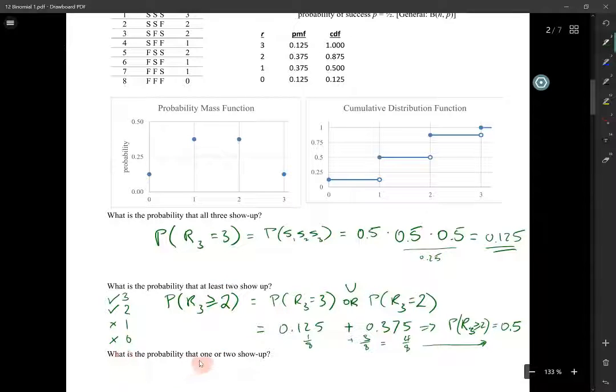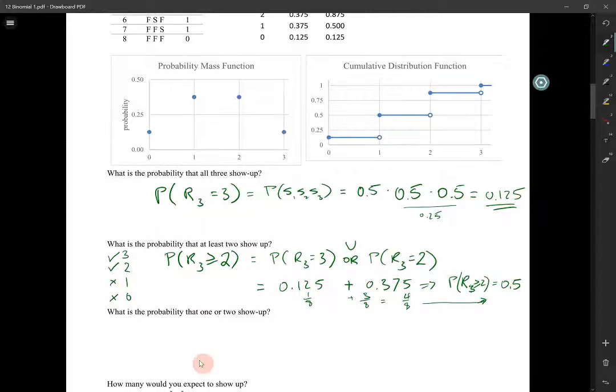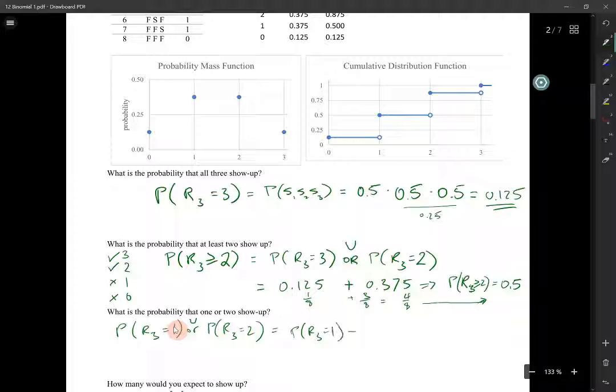What is the probability that 1 or 2 show up? Here it's a little bit easier. The probability that R3 equals 1, or the probability that R3 equals 2. Again, OR is a union, or a plus, so we have the probability that R3 equals 1 plus the probability that R3 equals 2.